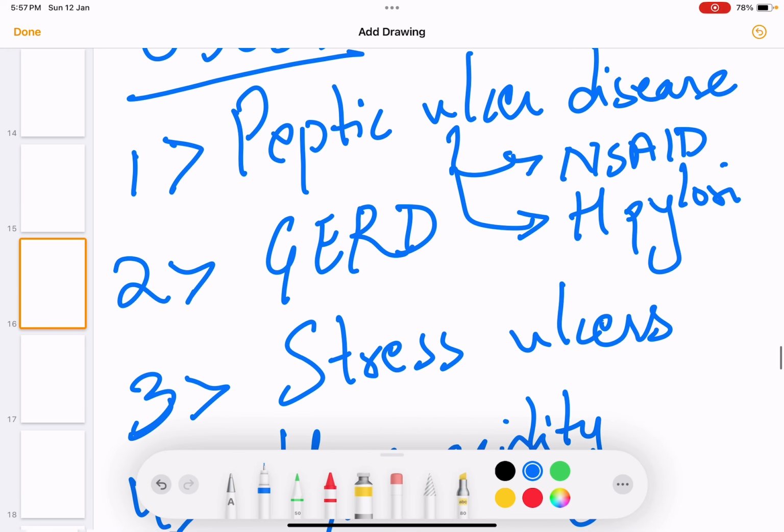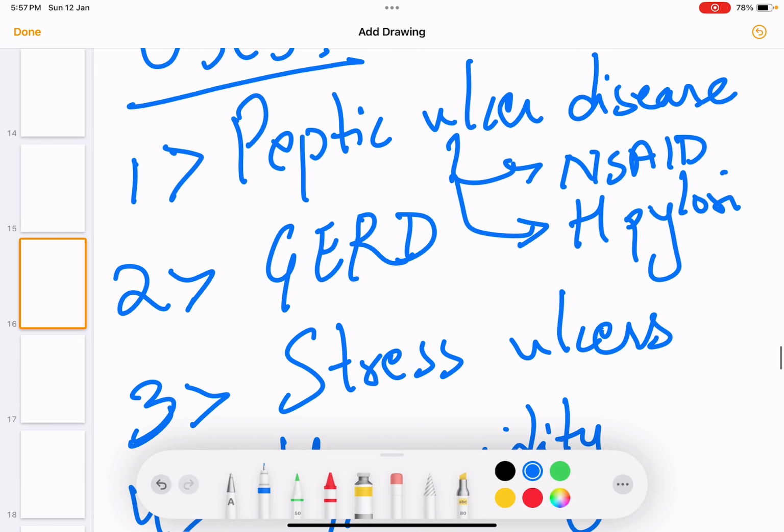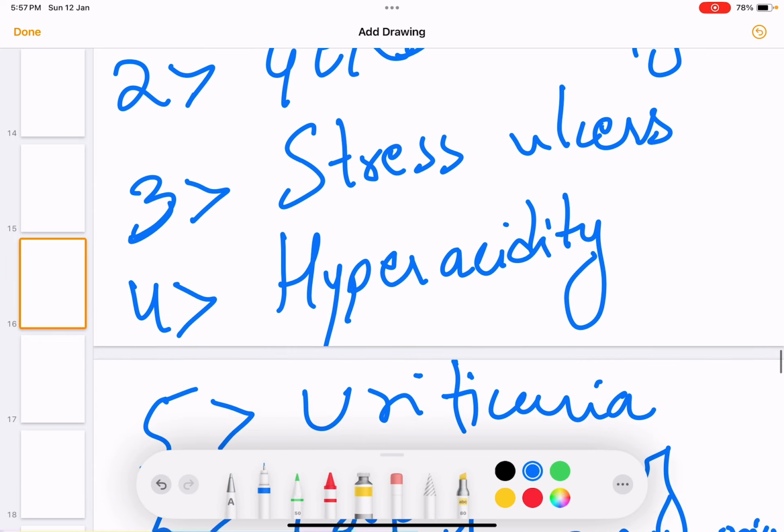But for all these conditions, except urticaria, PPIs are now more commonly used and they have become the drug of choice.